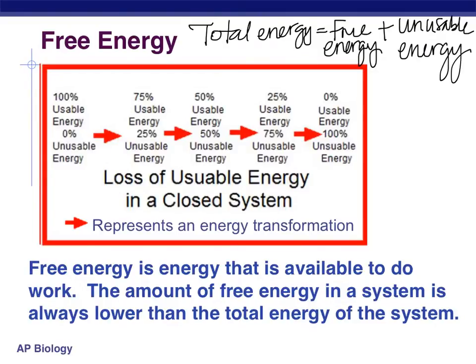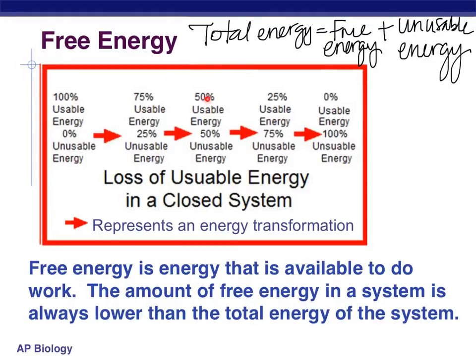Okay, so like I said, the free energy is the energy that's available to do work. It's already there and it's already in a usable form. But if you look at this diagram, this showcases this really well. Every time you undergo an energy transformation, every time that energy changes form, so from radiant to chemical, from chemical to mechanical, whatever that change is, you're going to lose some of your total amount of usable energy.